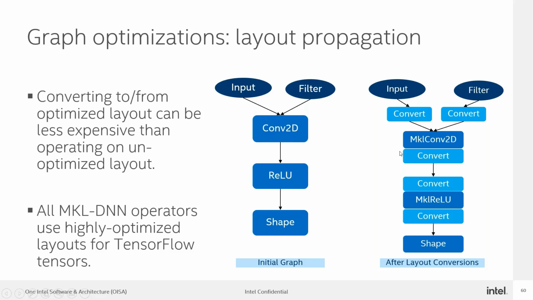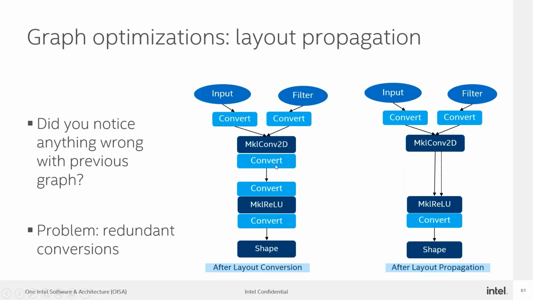So layout propagation is basically when we have two convert operations in the line. If there are 2-3 MKL operations in a series, these two conversions are not necessary because these operations are oneDNN's optimized operations, so they don't need any kind of conversion. So this is a layout propagation optimization.